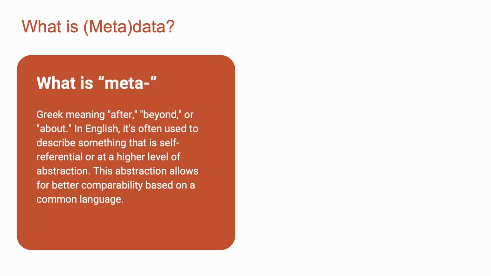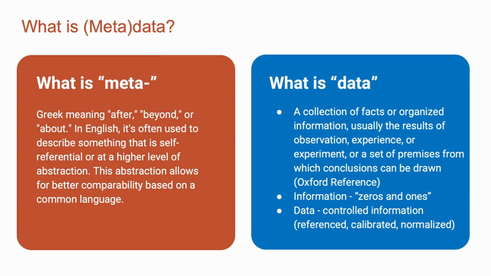Meta is a Greek prefix meaning after, beyond, or about. In English, it describes something self-referential or at a higher level of abstraction. Data is controlled information that has been referenced, calibrated, or normalized so it can be interpreted scientifically.